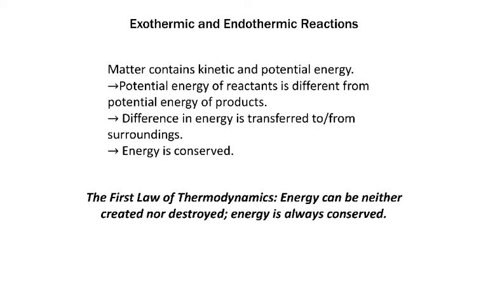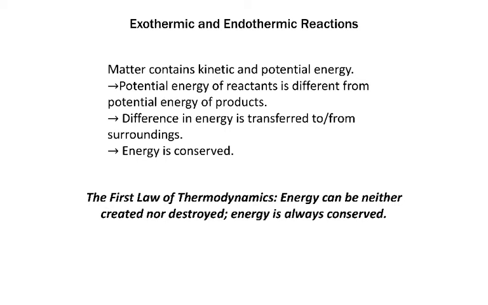That matter contains kinetic and potential energy, right? The potential energy of the reactants is different from the total overall potential energy of the products. And this difference in energy has to be accounted for. It has to either be transferred to the surroundings or transferred from the surroundings because the first law of thermodynamics says that energy is conserved. Energy can be neither created nor destroyed.